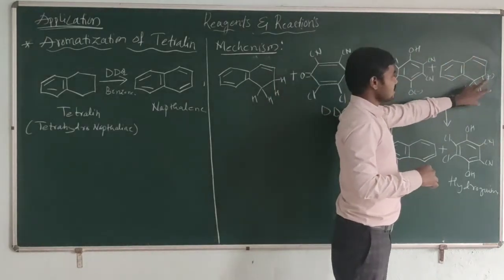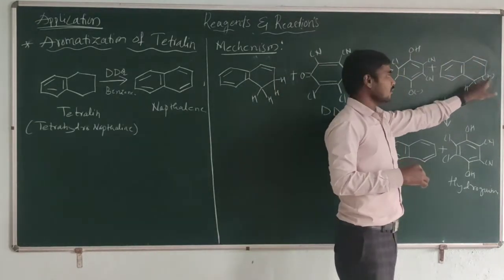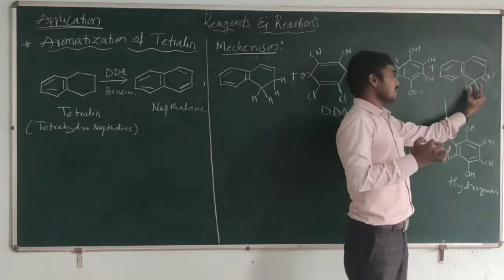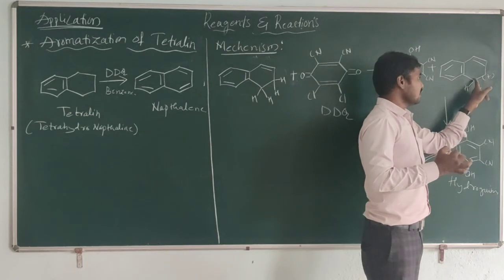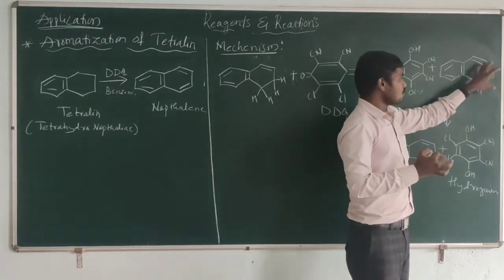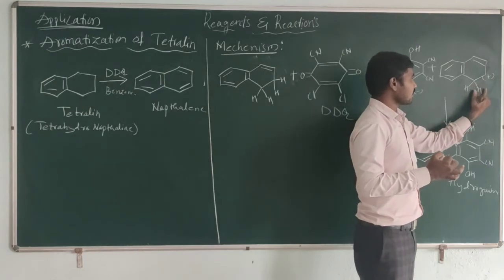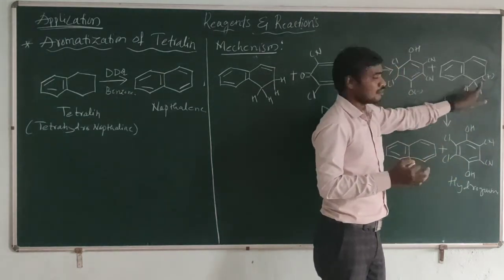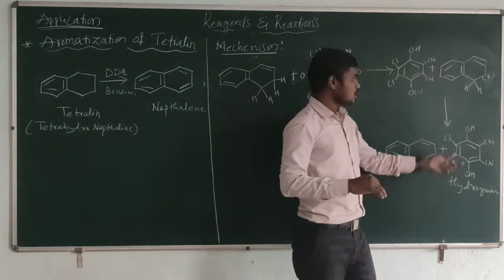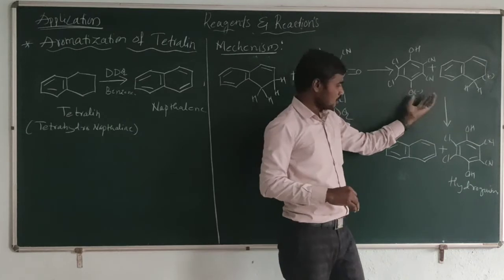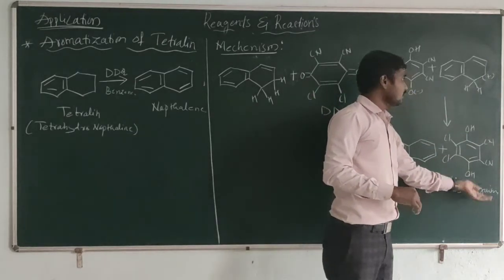After the formation of the carbocation, this carbon is in a position to share its bonding electron, the bonding electron of hydrogen, with this carbocation. After sharing, the hydrogen is eliminated from this carbon atom as H plus. That H plus reacts with this oxygen anion and converts it into hydroquinone.